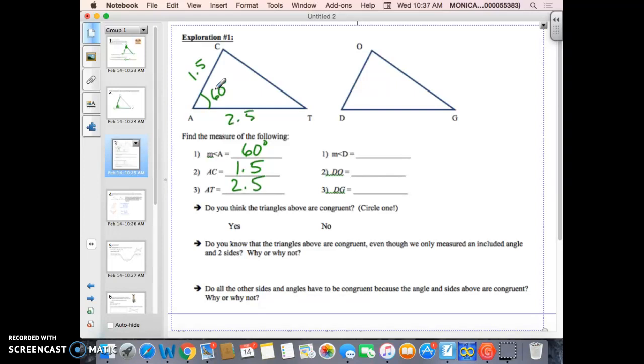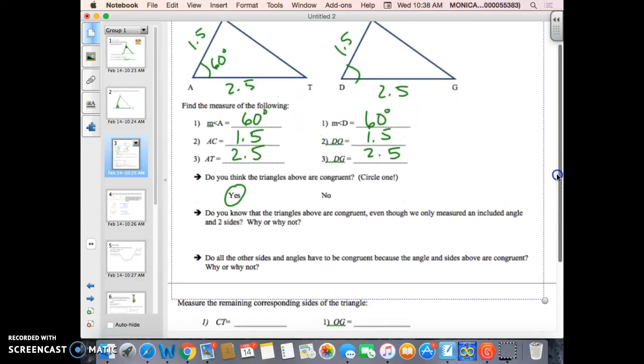Okay, and then when I did the same thing on the other triangle, I found that the measure of angle D was also 60 degrees. And I found that the side length of DO was 1.5. The side length of DG was 2.5. And then I said, do you think the triangles above are congruent? Well, I said yes. The reason I said yes is I know this postulate, but also because they look very much the same.